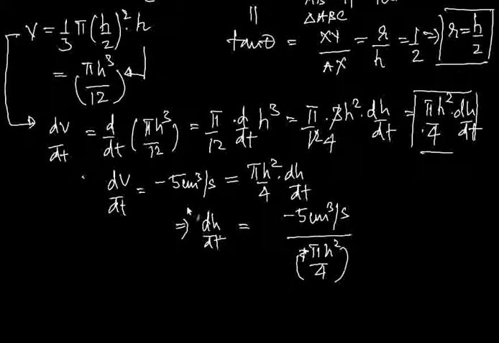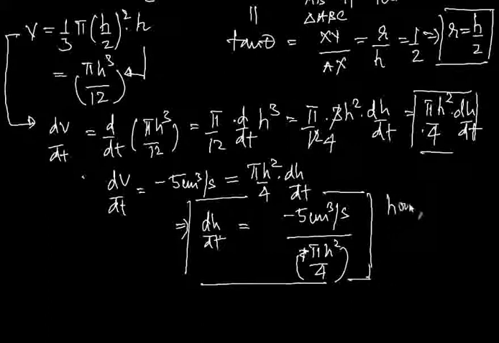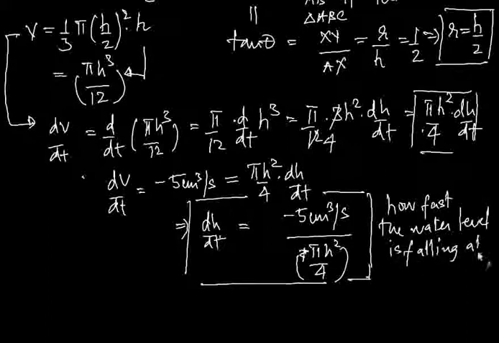So this is great, because what we have now is an expression for how fast the water level is falling at any given time. So this is the expression for that.